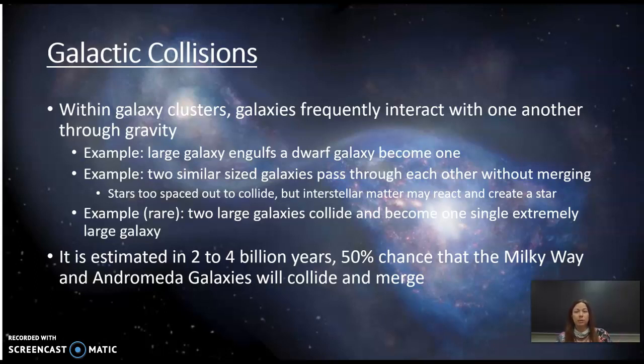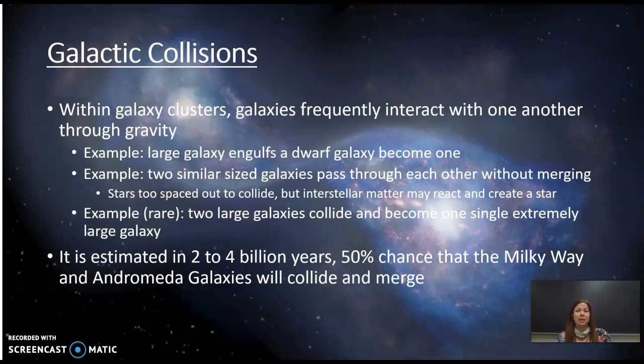Another example is two similar-sized galaxies pass through each other without ever merging, when they're too spaced out to collide, but the interstellar matter, that dust and gas, may still react and create a star. Another one that's a little rare is two large galaxies collide and become one single extremely large galaxy.